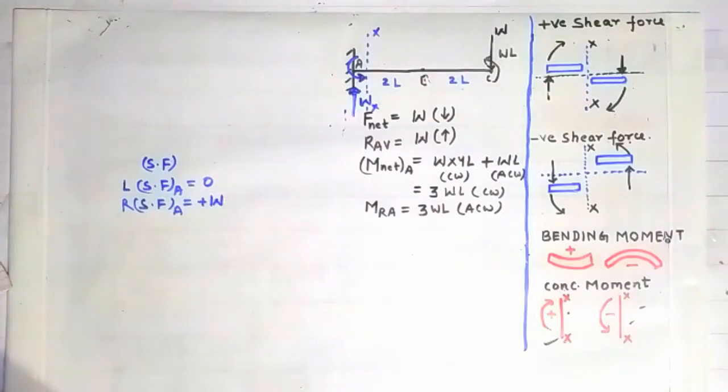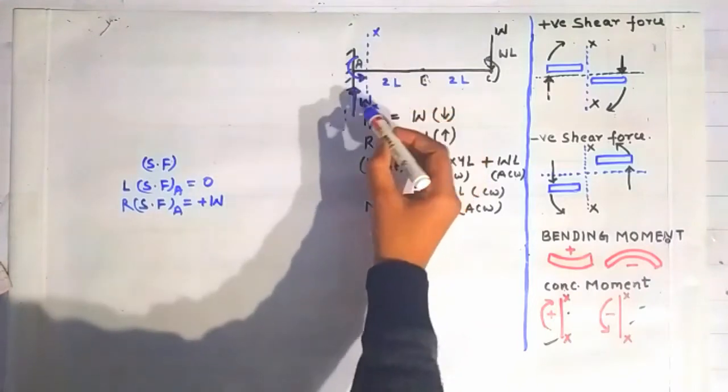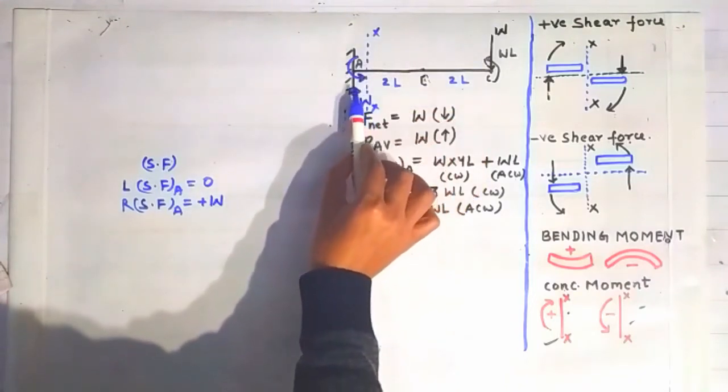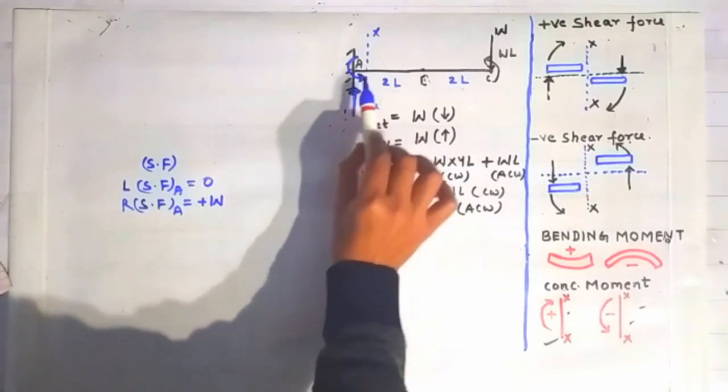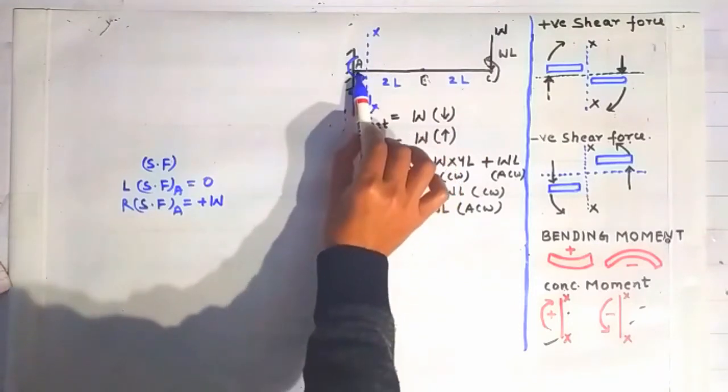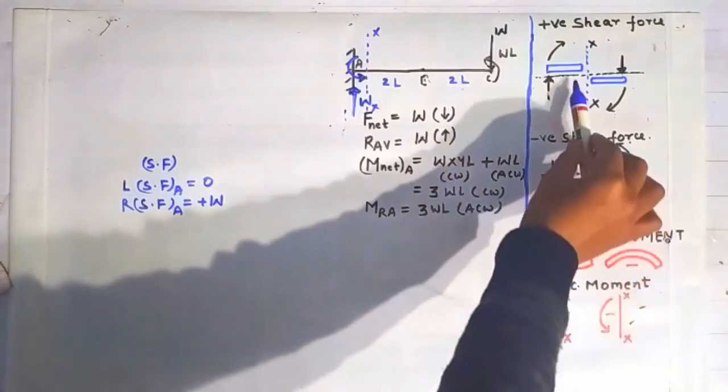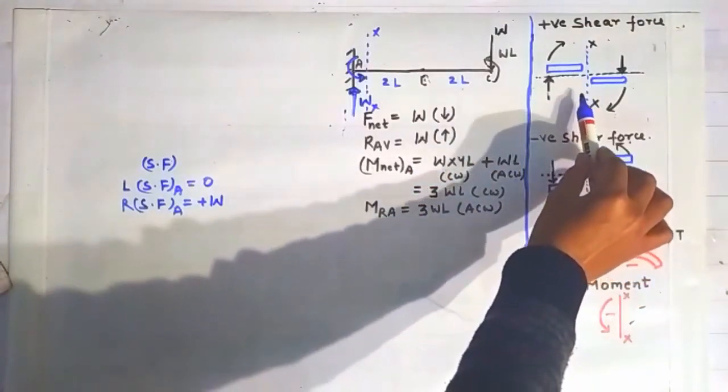Why is it giving a positive shear force? Because this force W is trying to rotate the beam element which is lying between point A and this section XX in the clockwise direction. So this is causing a positive shear force, as per our sign convention.